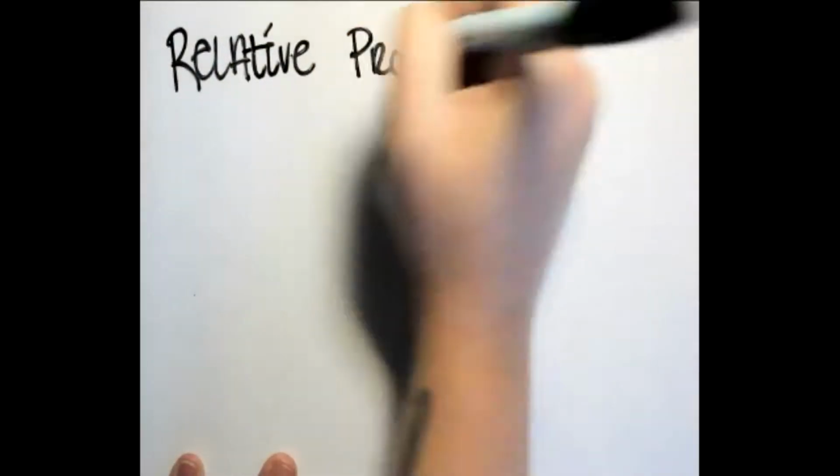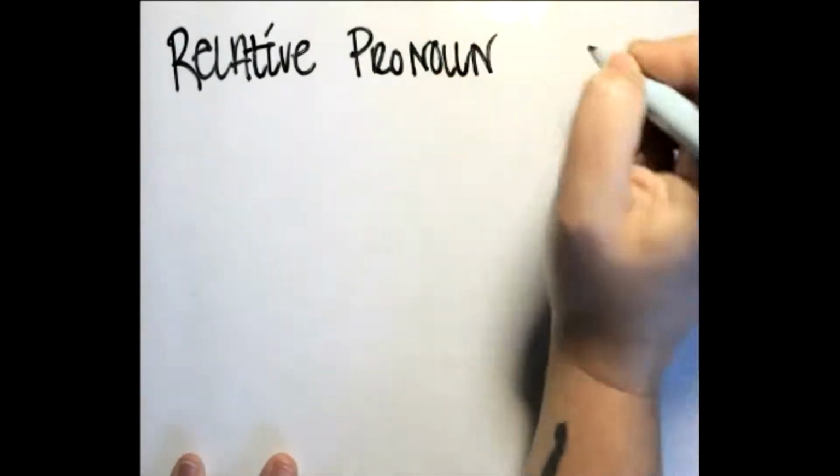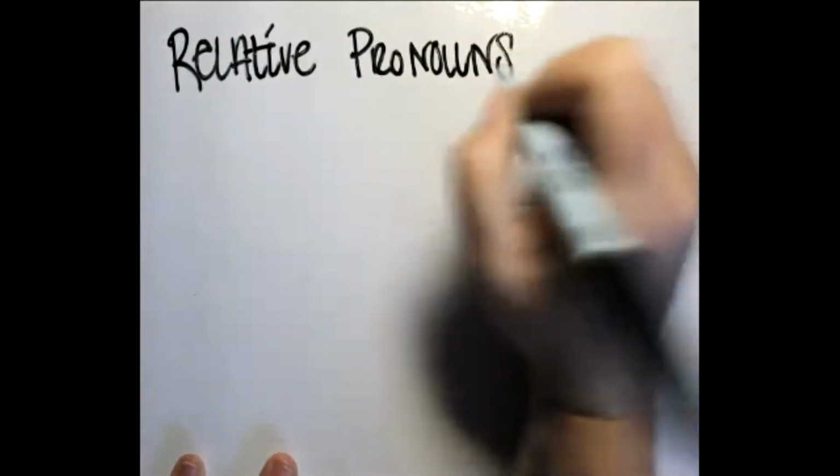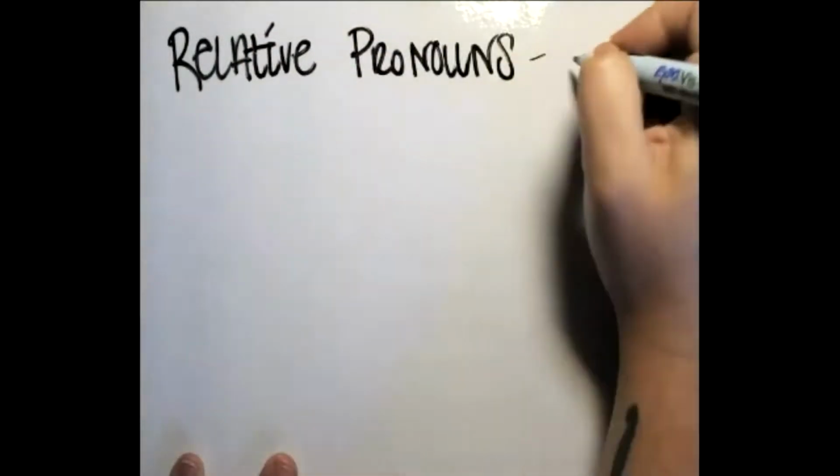We're going to do one sheet that has singular on it and one that has plural, just because I don't want to run out of room. So this is going to be singular.